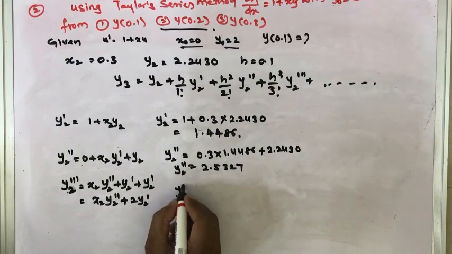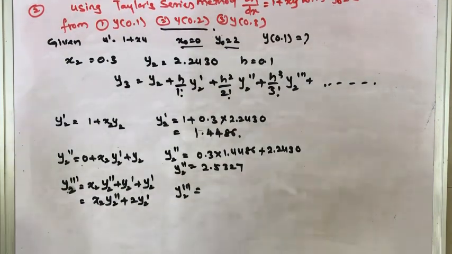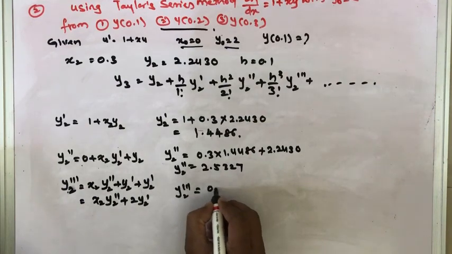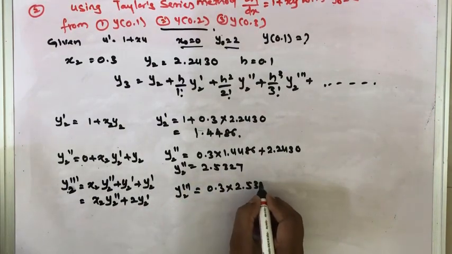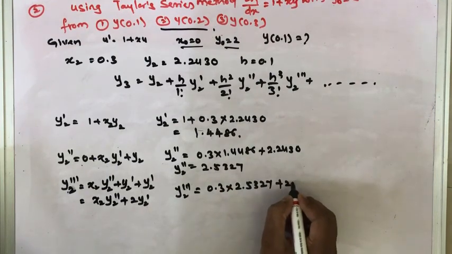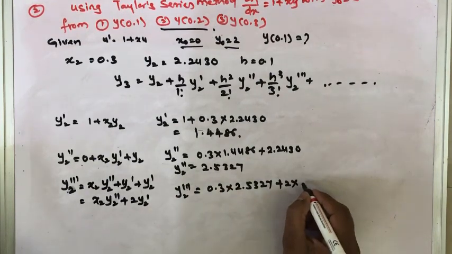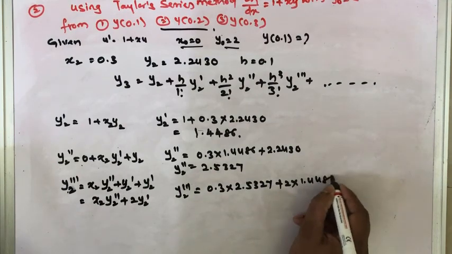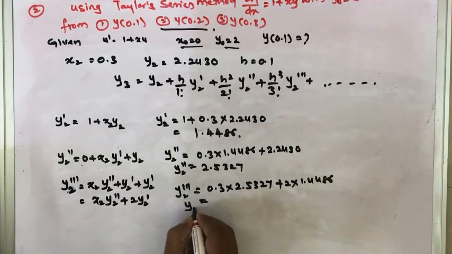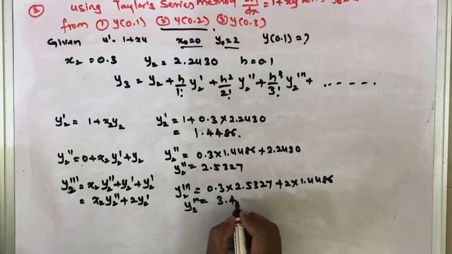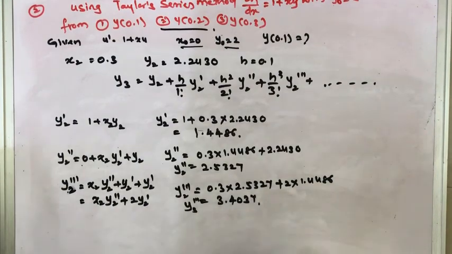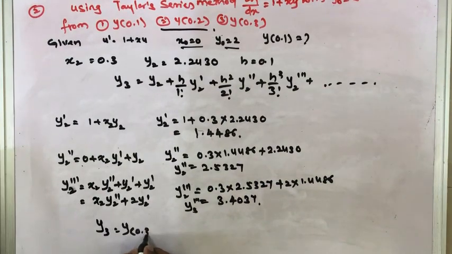If I substitute, x2 will be 0.3, y2 double dash will be 2.5327, plus 2 into y2 dash, which is 1.4486. So y2 triple dash value I'll get as 3.4037.